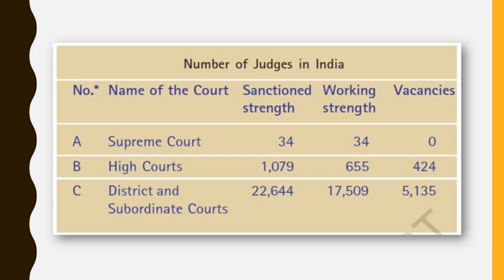Then in district and subordinate courts, the sanctioned strength is 22,644, which means this number of judges can be in court, but the working strength is low, 17,509, and there are vacancies of 5,135. So this is the reason why a simple case takes so much time.